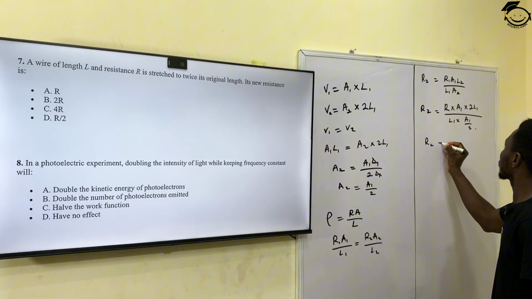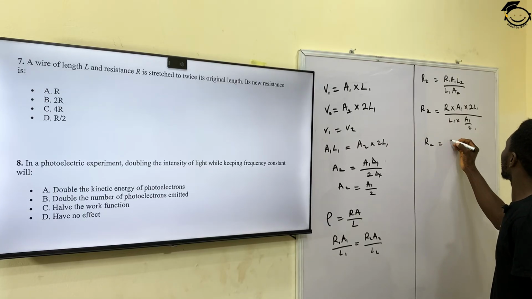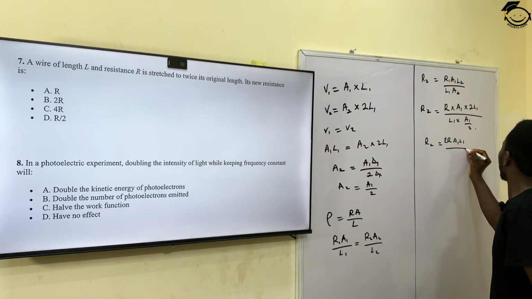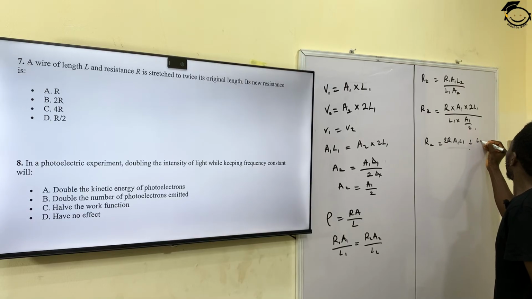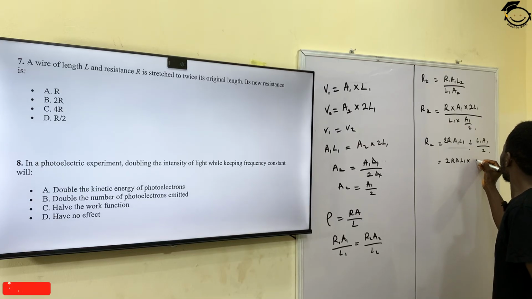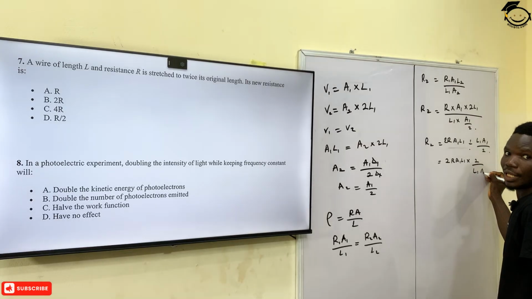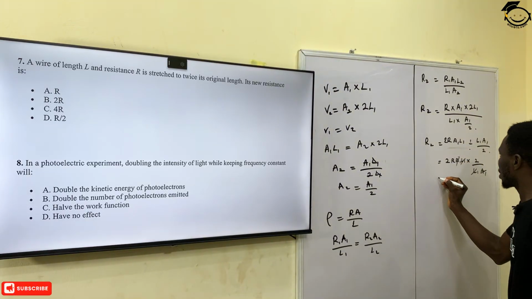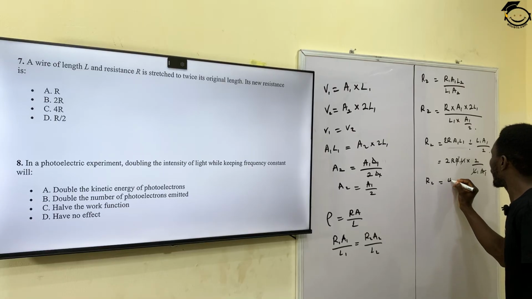This means that my R2 is equal to 2R A1 L1 all over L1 A1 over 2. So this is the same as saying I have 2R A1 L1 times 2 over L1 A1. So my L1 will cancel L1, A1 will cancel A1. It means that my R2 is going to give me 4R.